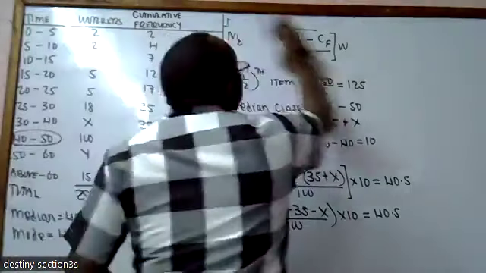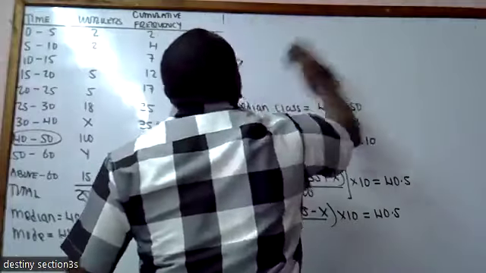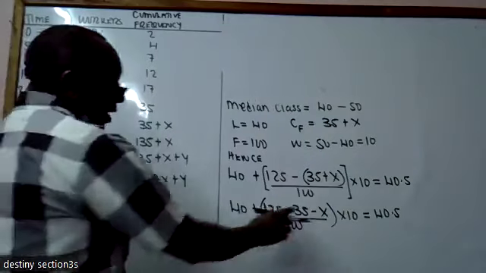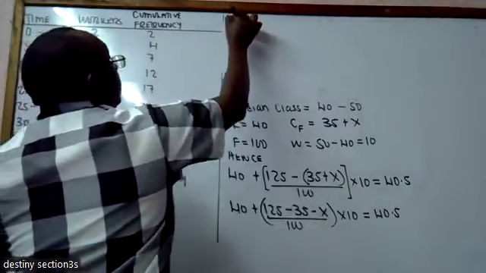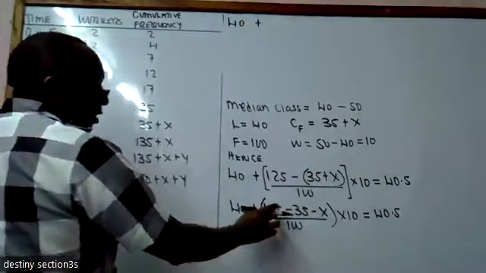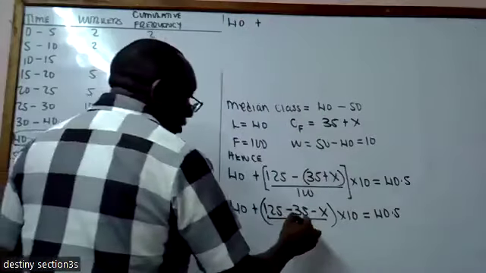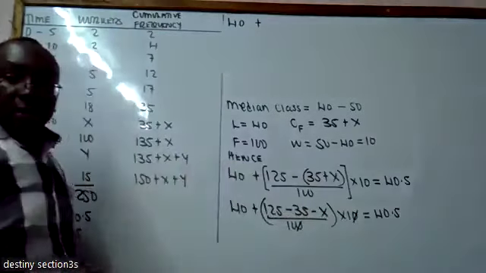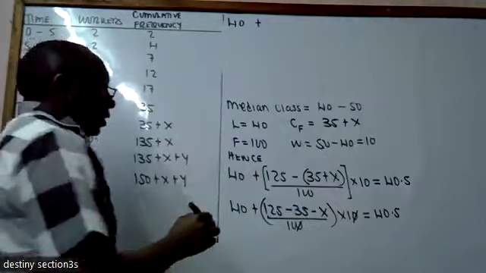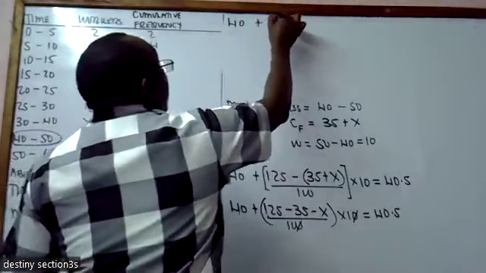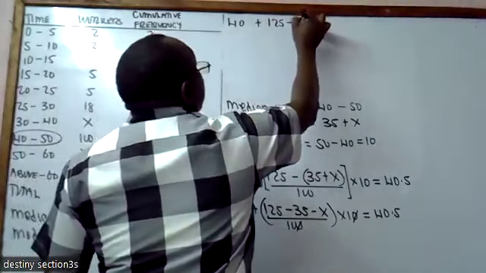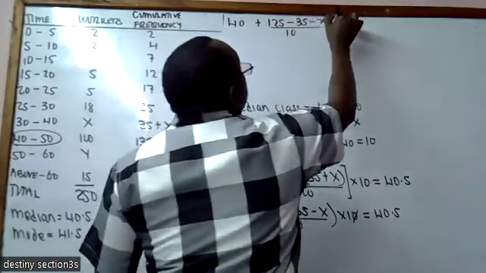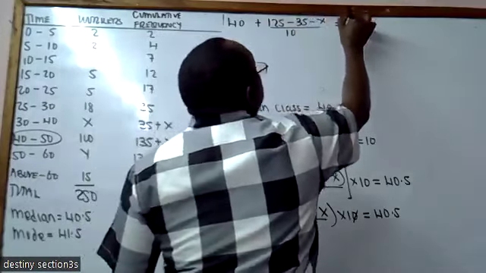So now, continuing with that calculation, if you open here, I just want to go very slowly. 40 plus this one times 10, or I cancel this one here. This is also a way of doing it, so that I remain with 125 minus 35 minus x, you divide by 10, is equal to 40.5.